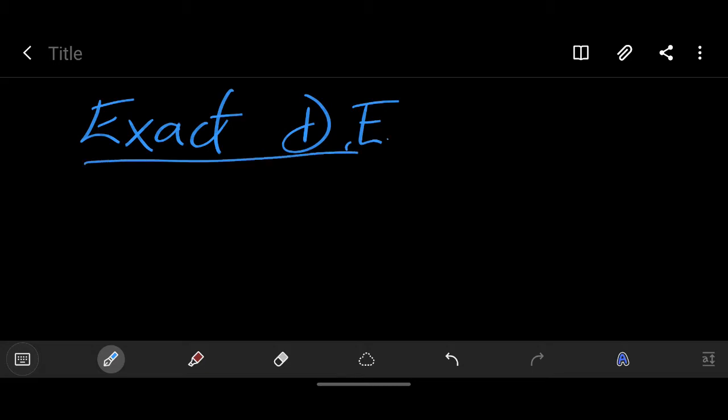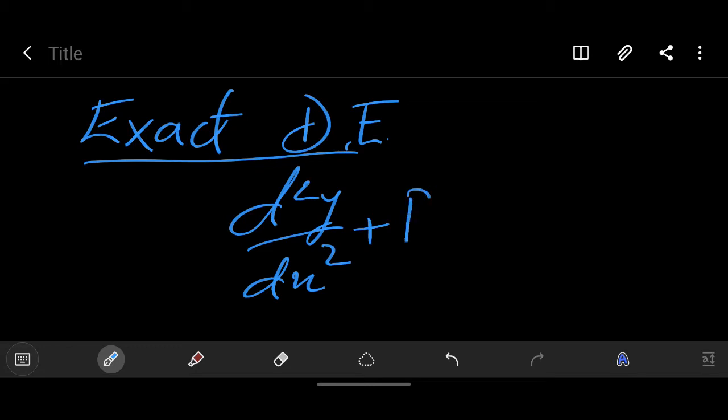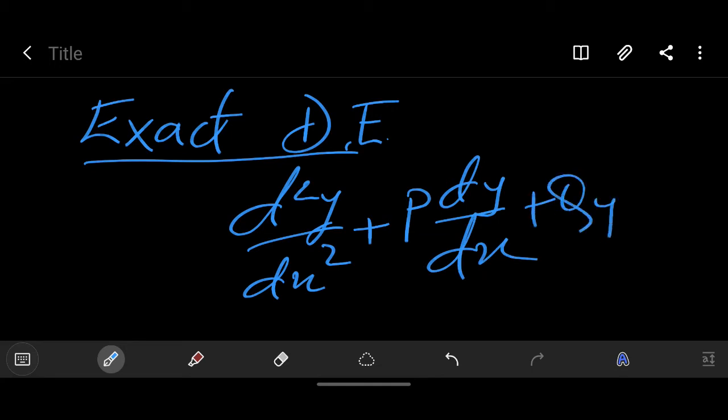So exact differential equation. So what do we mean by exact here? We know that the second order linear differential equation is written like d square y by dx squared plus p dy by dx plus qy equals r.